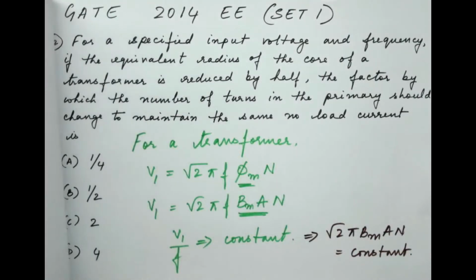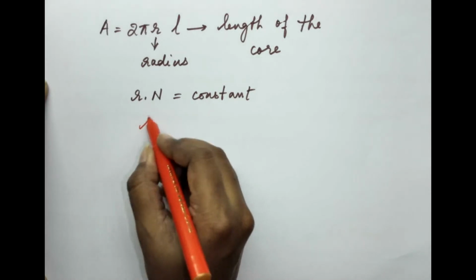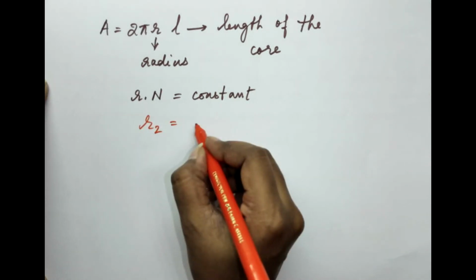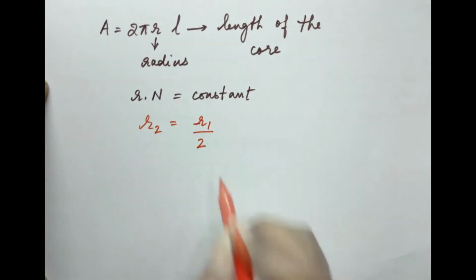So the question tells us that the radius is reduced by half. You see there? The radius of the core of the transformer is reduced by half. So what happens when the radius is reduced by half? We will have to write down the ratio. So it is given that, let's call this R2, R2 is equal to R1 by 2.